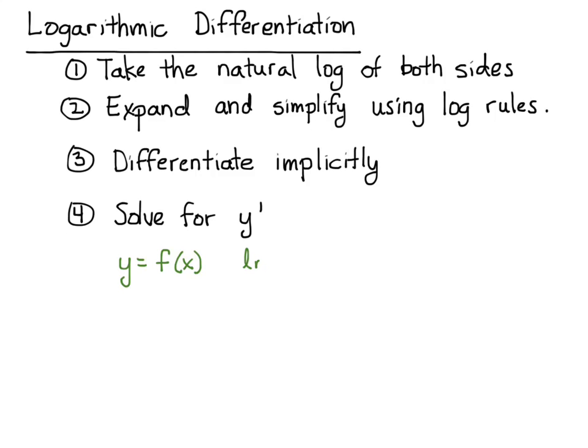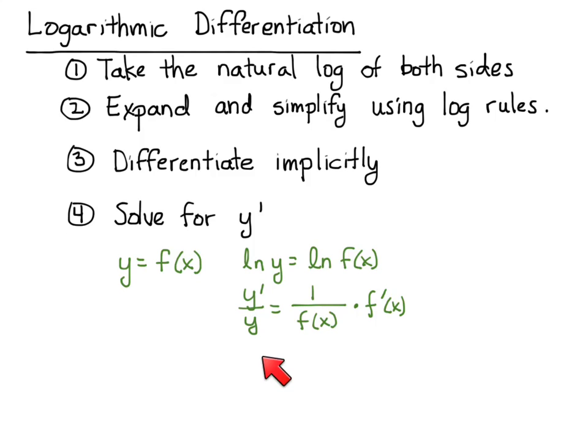So this is why it works. If we're going to take the derivative of the function, the first step is to take the log of both sides. The second step is to implicitly differentiate both sides. So this turns out to be y prime over y.